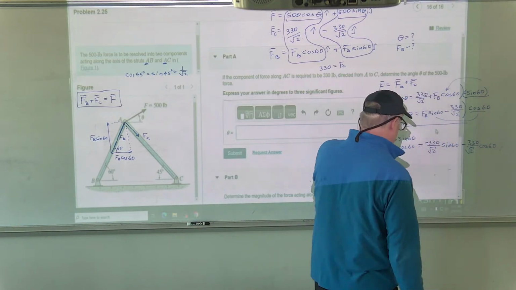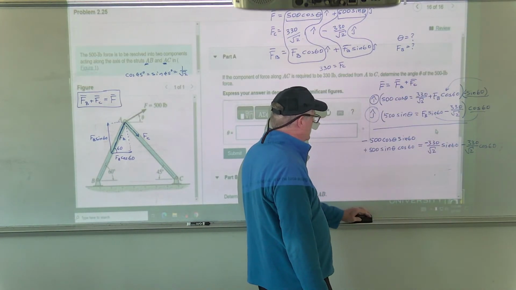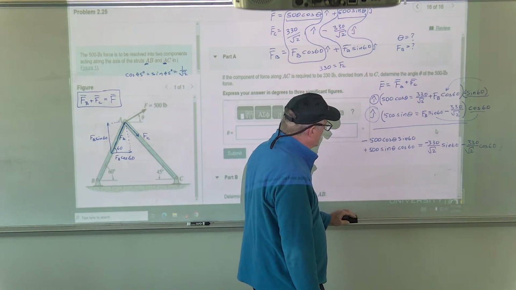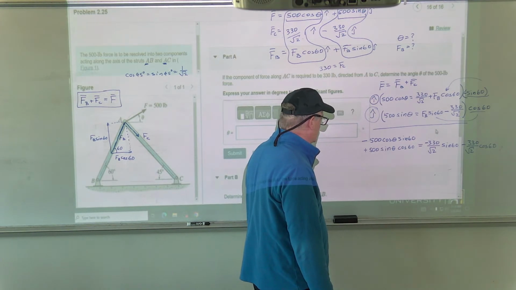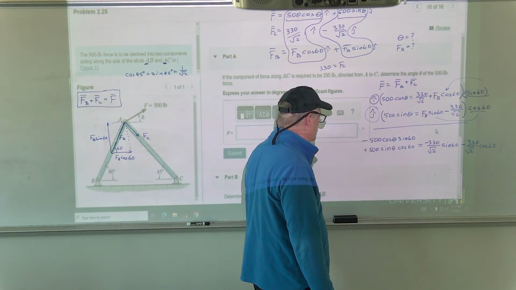Now I've eliminated things to the degree that I've got a sine and cosine together. And let's see if I can figure that out.